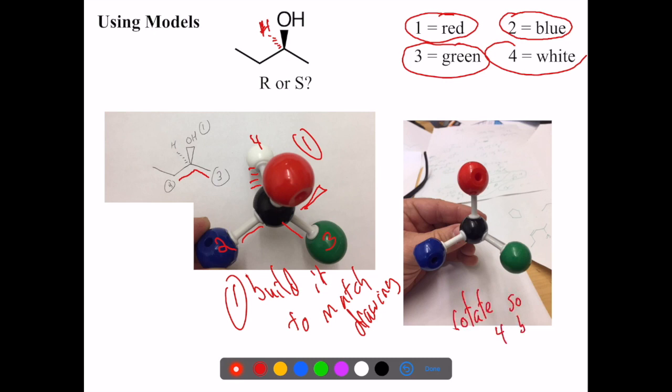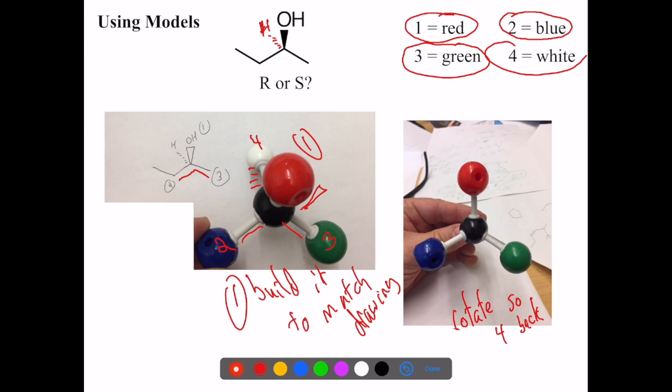So 4 is back. So you see, once the model's built according to the picture, then you can ignore the picture. The model's built, you can pick it up, throw it around, tumble it around. It's got its configuration. So now you just hold it, put 4 back.